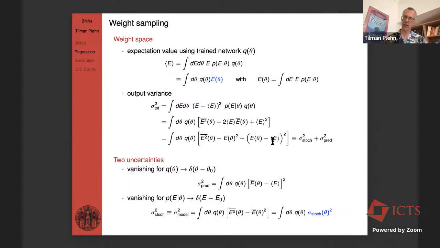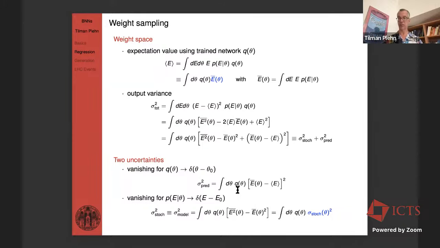Now, go into our network approximation where the Q's are all theta deltas, which is our deterministic network. You see, just from the definition, that in that case E expectation value is nothing but E bar. The E expectation value here is E bar. This whole thing is 0, multiplied by the delta distribution, the integral becomes trivial.